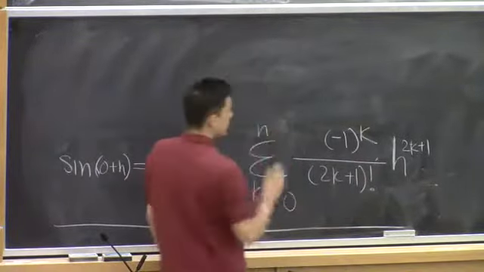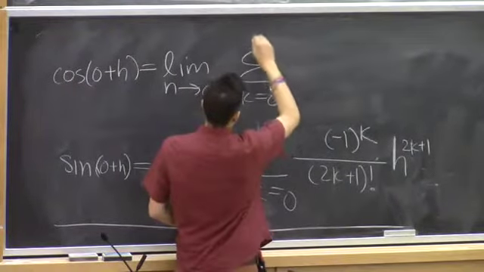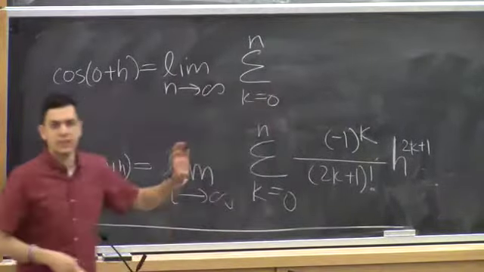So what did we get for cos? Okay, so what was the value for cos? What did we get as the Taylor series?